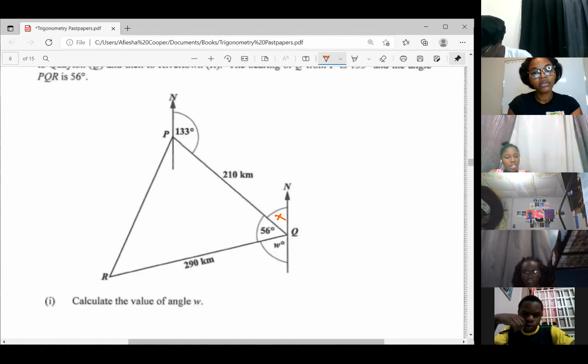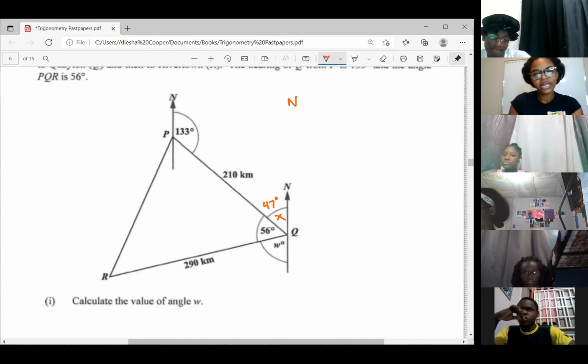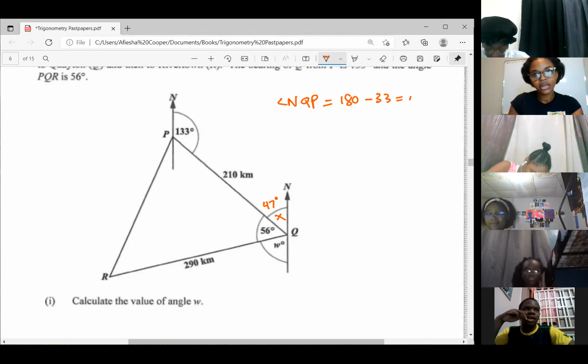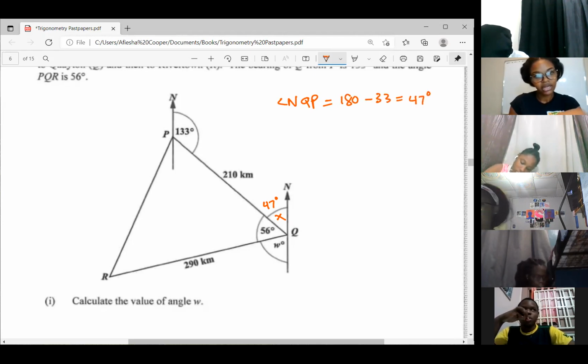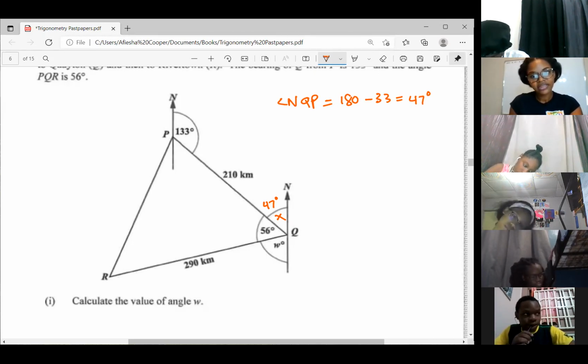47 degrees, because I just call it angle NQP, is equal to 180 minus 33, because you have to subtract their co-interior angles. And of course, this is a semicircle.